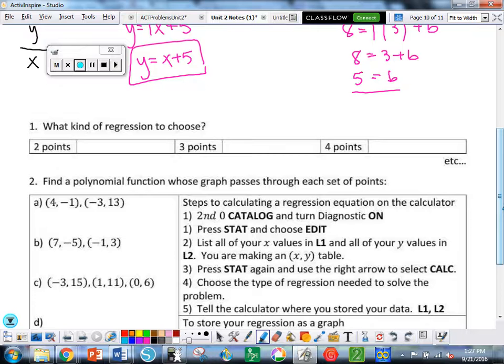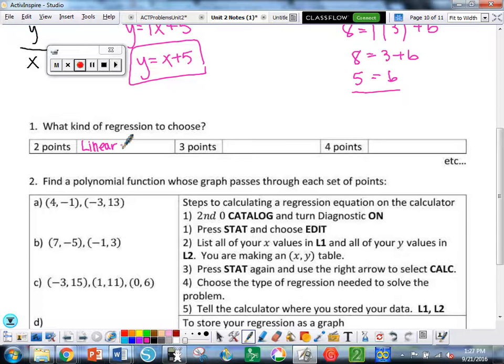Okay, so what kind of regression do we choose? If I'm given 2 points, what can I draw for 2 points? A line. So I'm choosing a linear regression if I'm given 2 points.